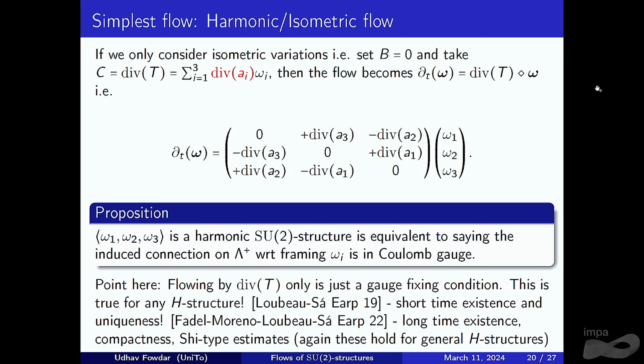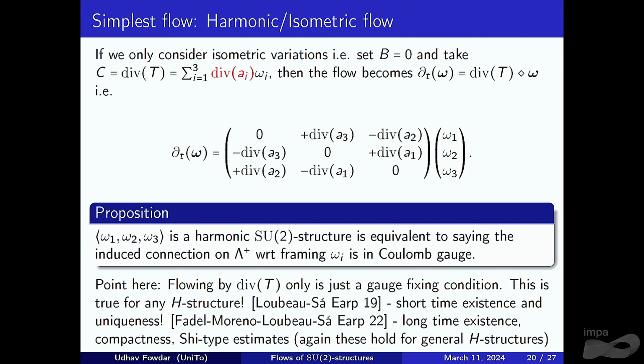What's your definition of Coulomb gauge? Well, let's say that it's harmonic. Curvature is divergence free. But that's a curvature condition, you need the gauge fixing condition, right?